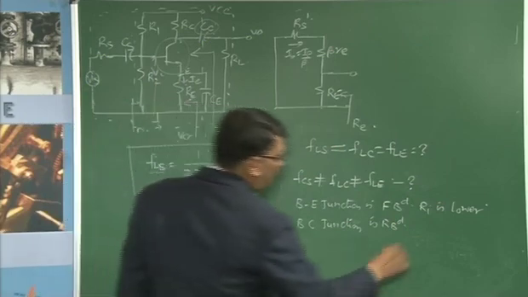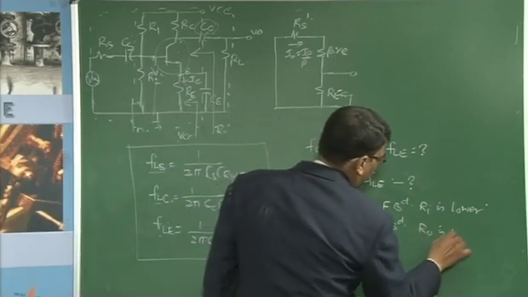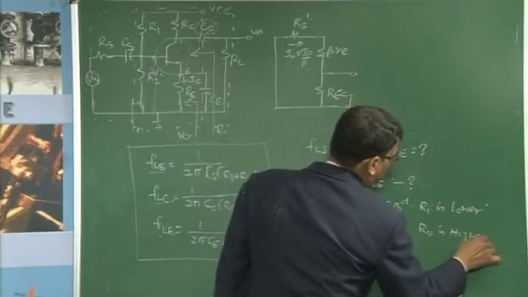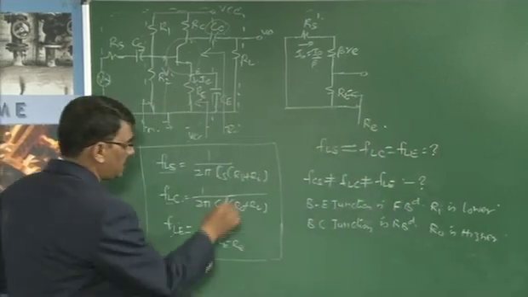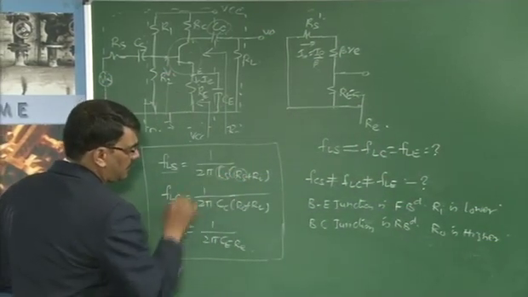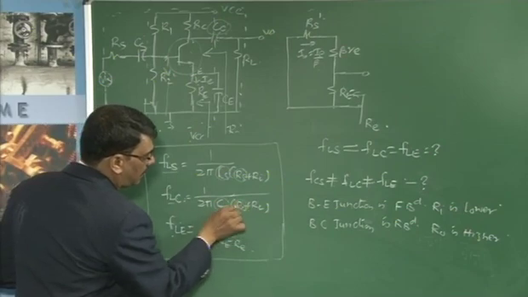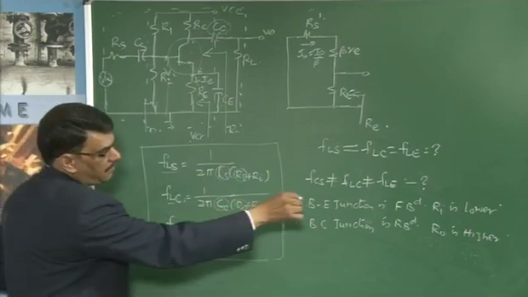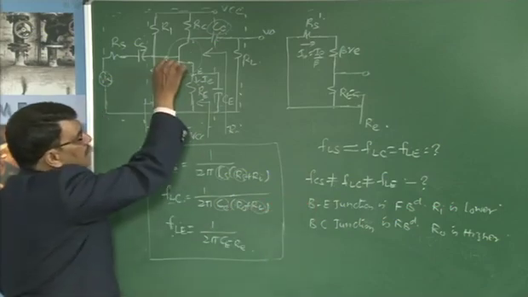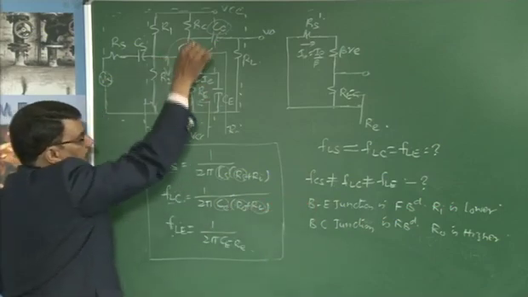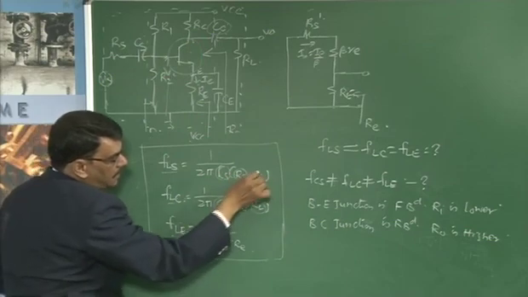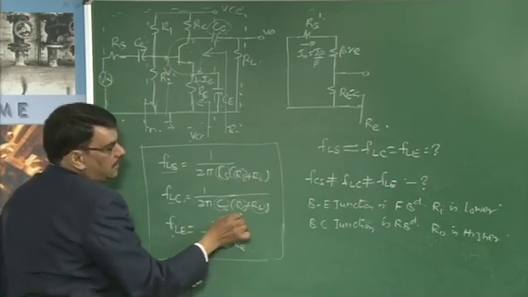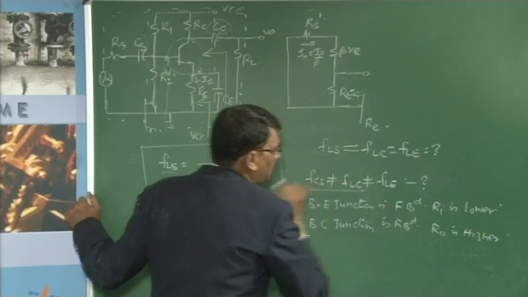Hence, R_o is higher. Even if R_S, C_S, C_C and R_L are equal, due to the biasing of the base emitter junction and collector base junction, R_i is not equal to R_o. Hence, f_LS is not equal to f_LC.